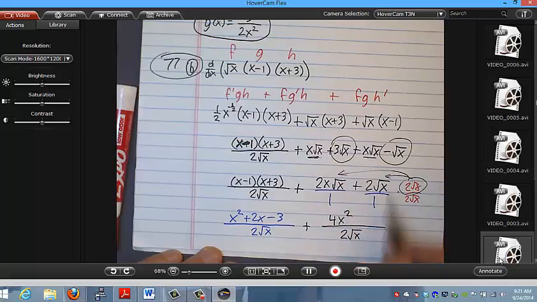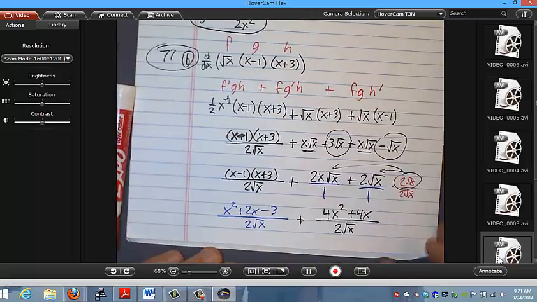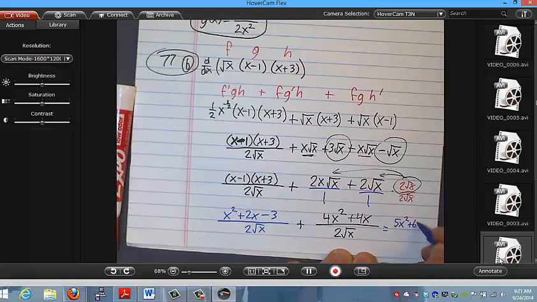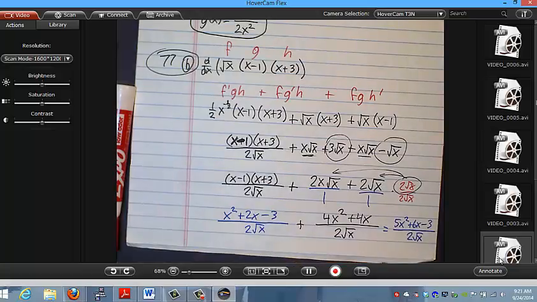And then I get 4x. Aha! Now we're getting somewhere. So now the answer I'm getting is 5x squared plus 6x minus 3 over 2 square root of x. Is that the answer they have? Yes? All right, I'm happy then.